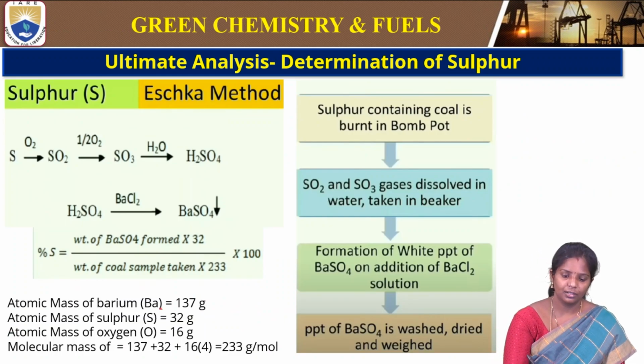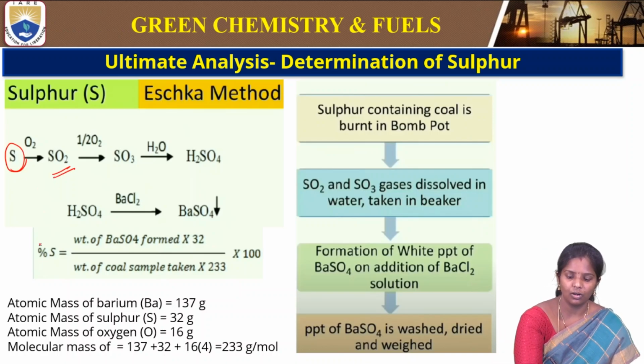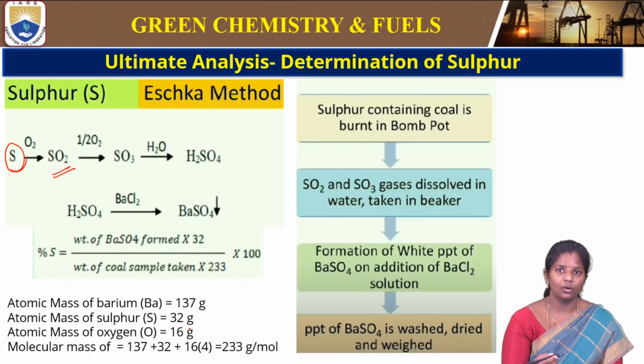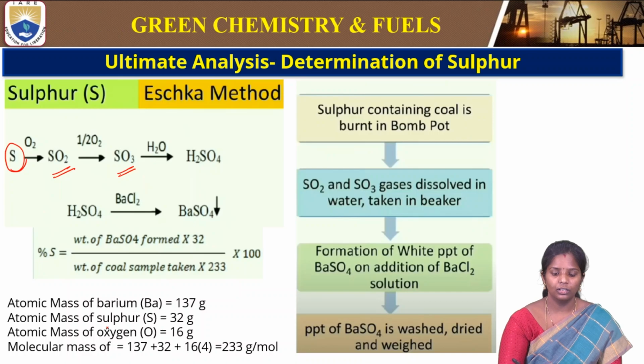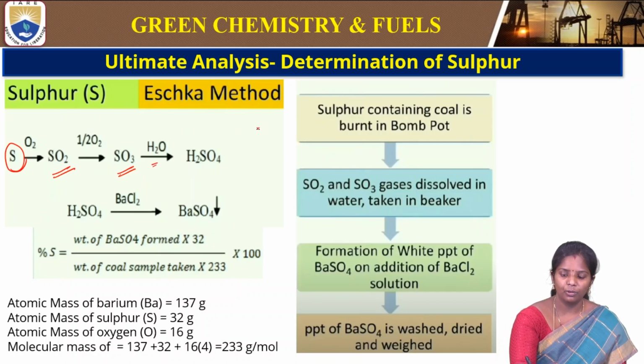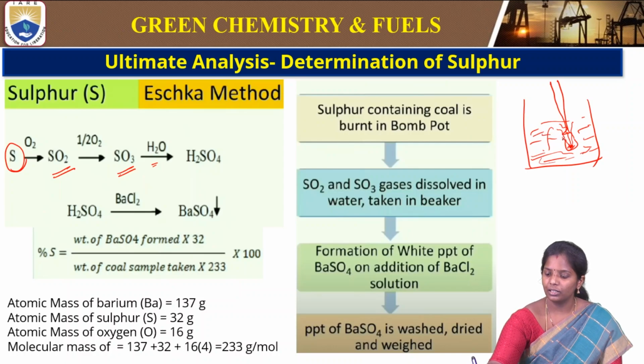The sulfur present in coal, on oxidation, will give sulfur dioxide, and on further oxidation it forms sulfur trioxide. In the bomb calorimeter, if you remember, the coal sample liberates gases, which dissolve in water, as the whole apparatus is dipped in water.